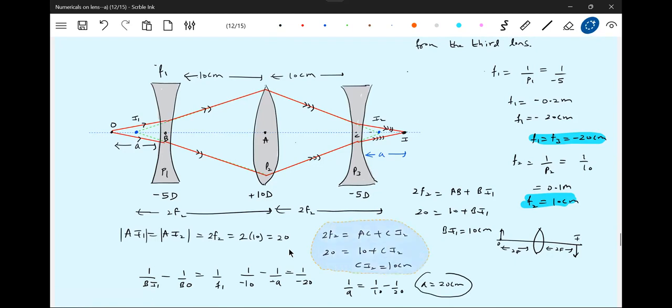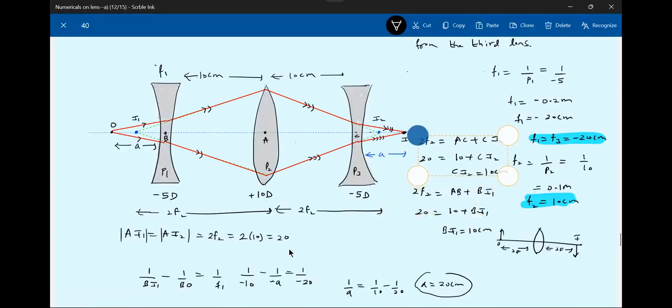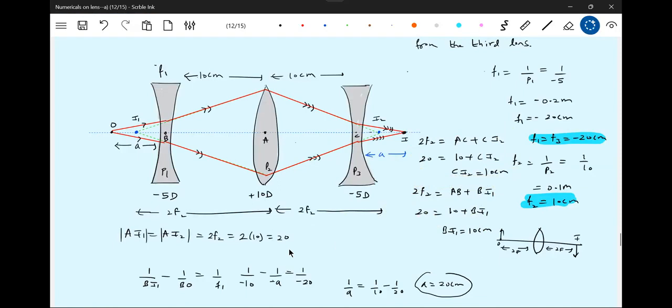Let's write these things. What we did is, this is an object, and the concave lens will form an image I1, and the object distance was A. So BI1 minus BO, this is the formula.